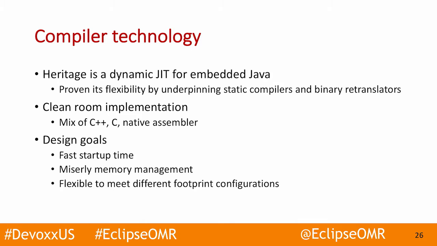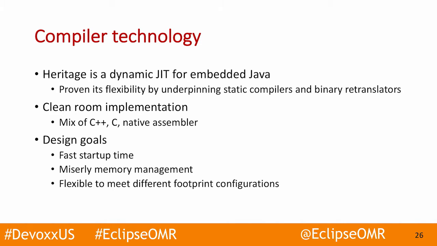Another thing that's in the box is the compiler technology. This is another popular component that's often integrated into different environments. Like the GC technology, this compiler technology has been developed for many years. The interesting thing about this is that it was developed initially as a dynamic JIT, right?